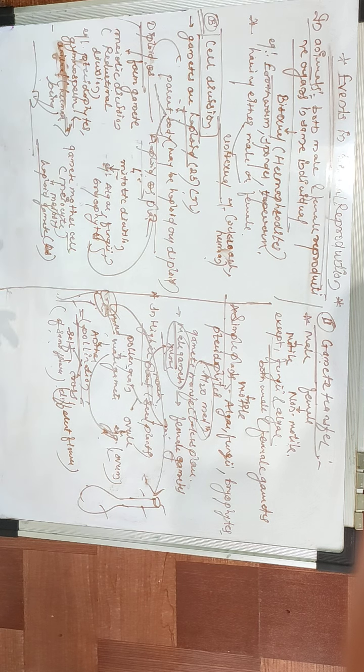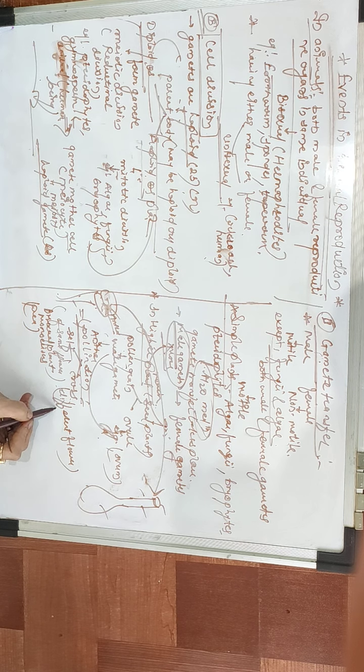Okay, fine. Here it means self pollination occurs in bisexual plants, or we can say monoecious plants. An example is the pea plant.